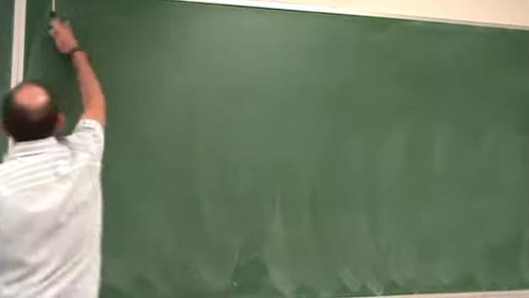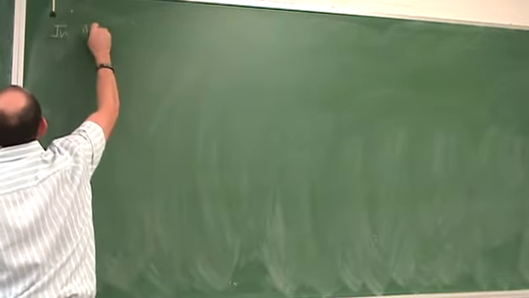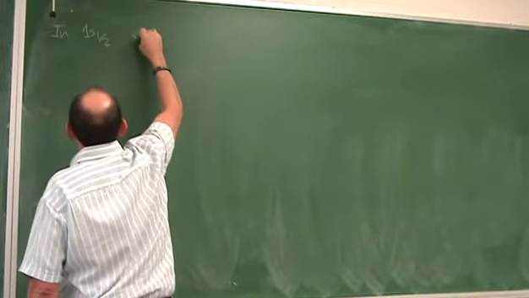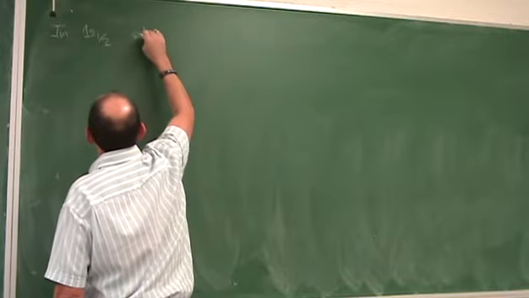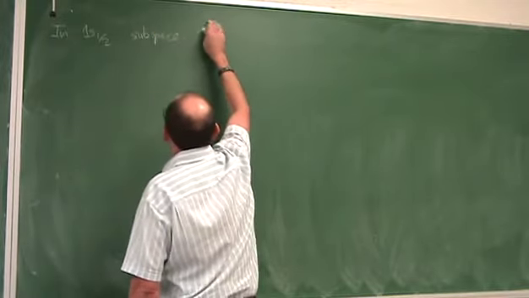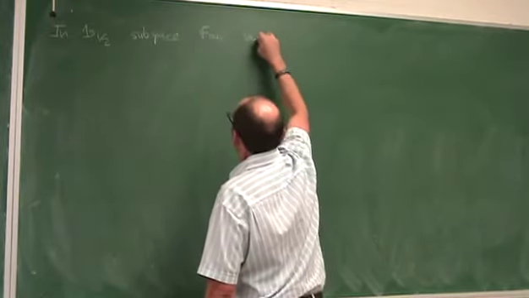So in the 1s, 1/2 subspace, we have 4 basis vectors.